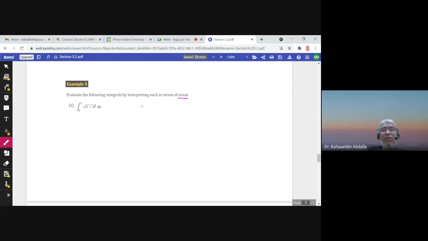This is f of x, which is y. So y is the square root of 1 minus x squared. If you square both sides, then y squared is 1 minus x squared. And if you take x squared to the left-hand side, then you will figure out that this is a circle, a circle with center 0, 0 and radius 1.